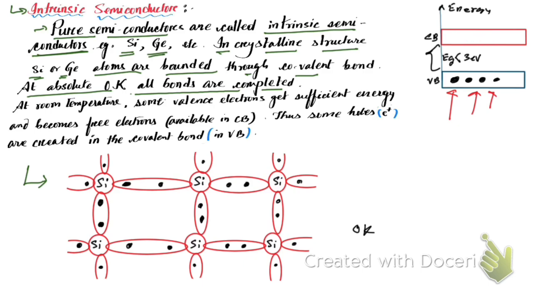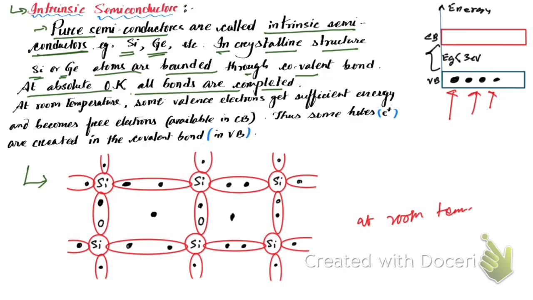Now you see, when temperature increases, or at room temperature, what happens? A few electrons from the valence band will become free, and they will leave behind a hole in the covalent bond. These electrons will be available in the conduction band.